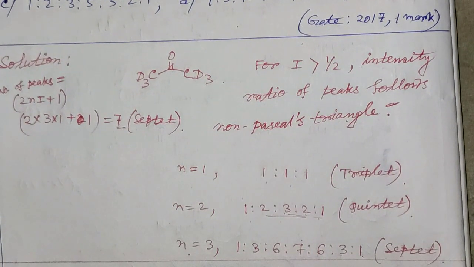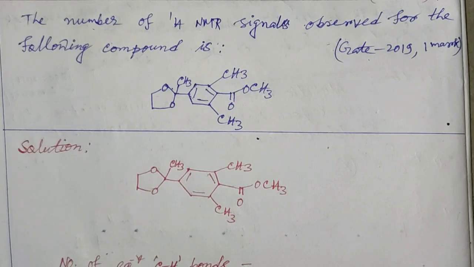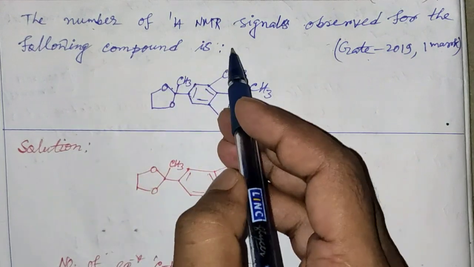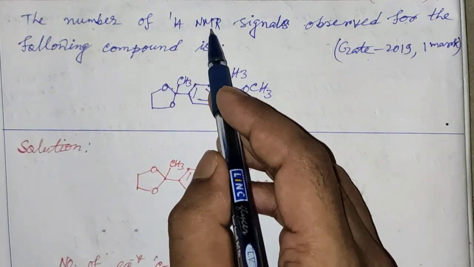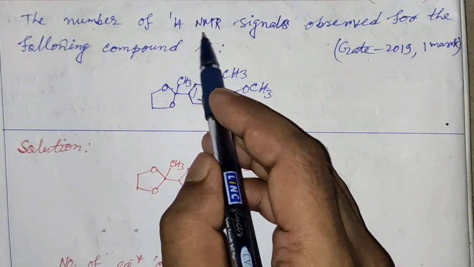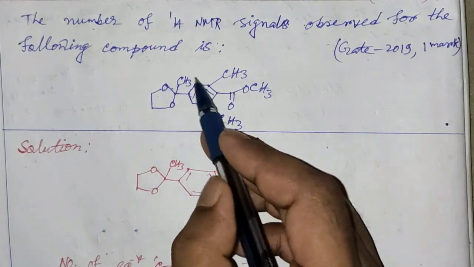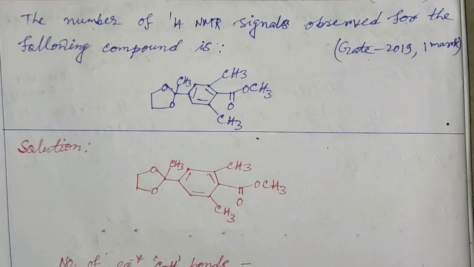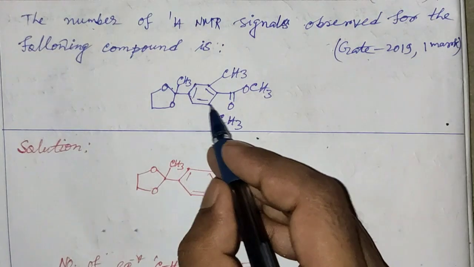Okay. The next question was asked in GATE 2019 for 1 mark. We have to calculate the number of signals in the 1H NMR spectrum observed for this complex. To calculate the number of signals in proton NMR, we have to calculate the number of equivalent CH bonds present in the molecule.